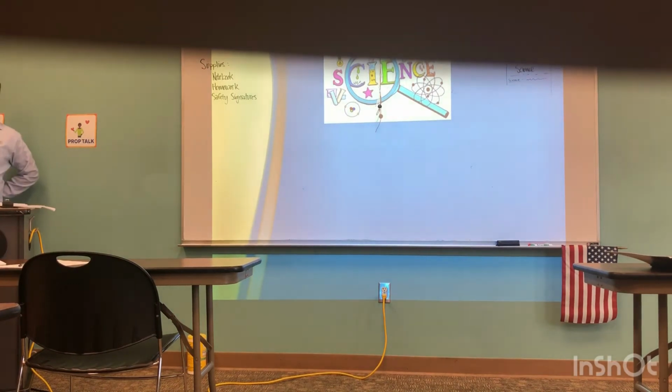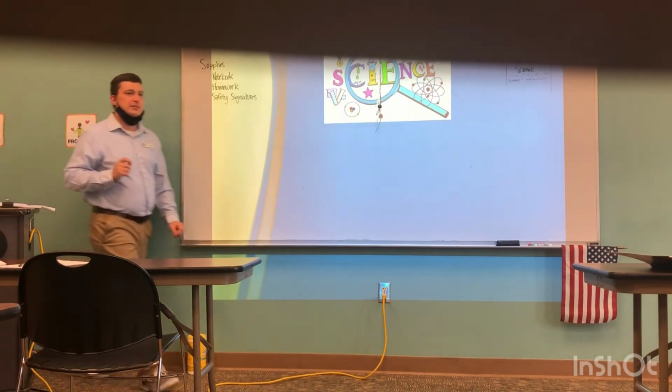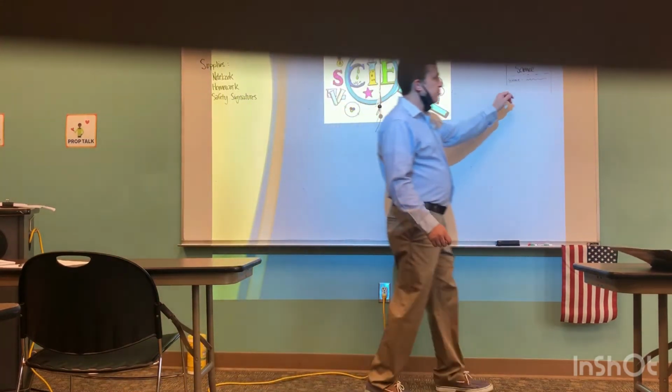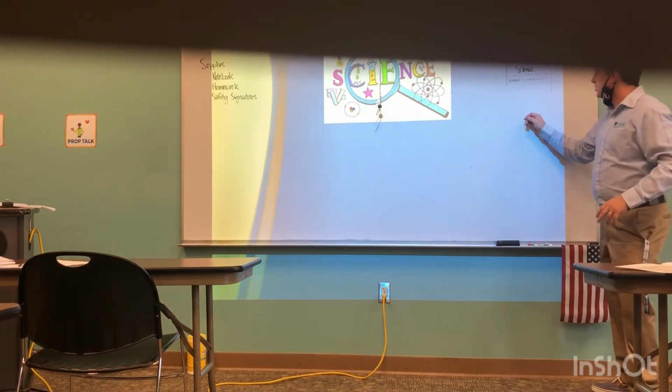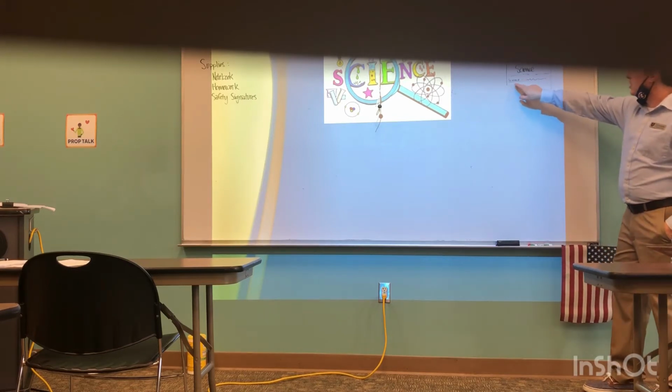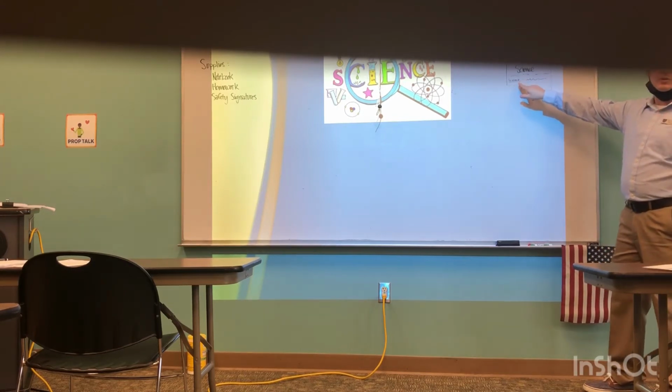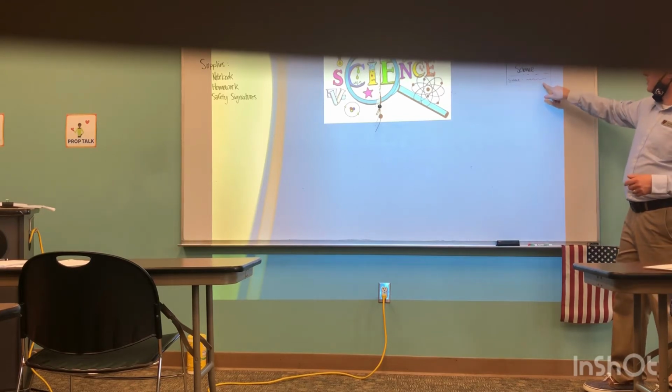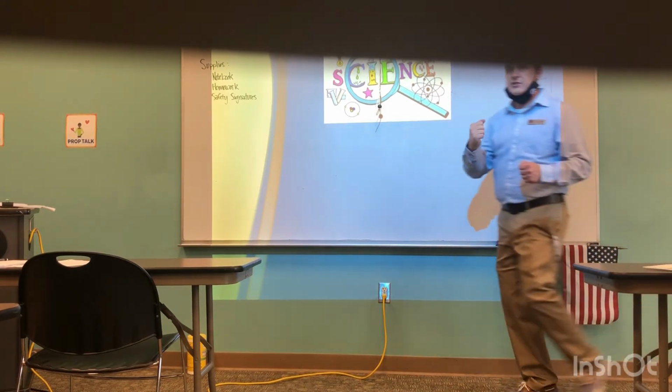It's knowledge that we gain through careful, systematic investigation. So in your notebook, let's define science. You can see this is my pretend notebook page of science, right? The first line, let's write the word science, underline it because it's a key term, and then we're going to define it. So you ready for your definition?